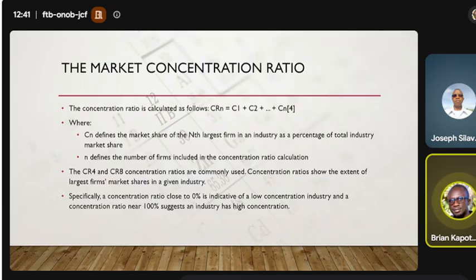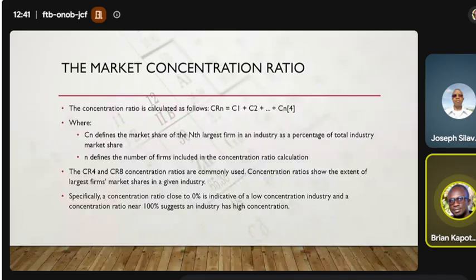And the answer that you're going to get is going to give you an indication that, like in this particular case, the 4 firms that are controlling this market control 90% of the market share, which indicates a highly concentrated market. And so you have few firms controlling that market, and the majority of the firms, the others, only control 10% of the market.